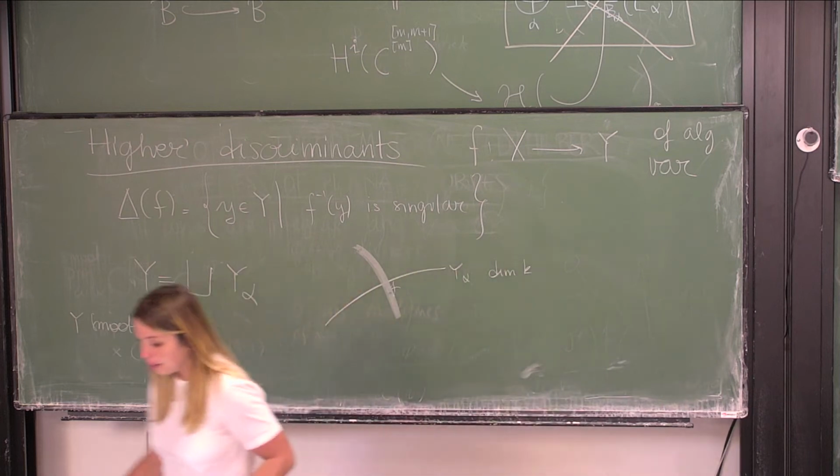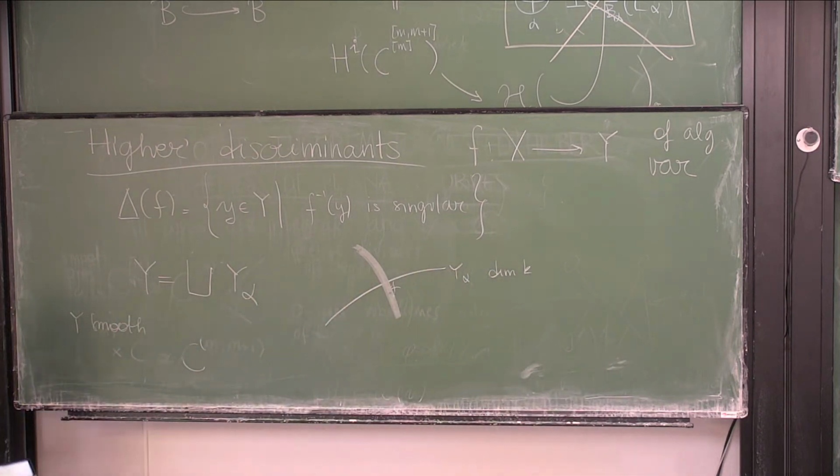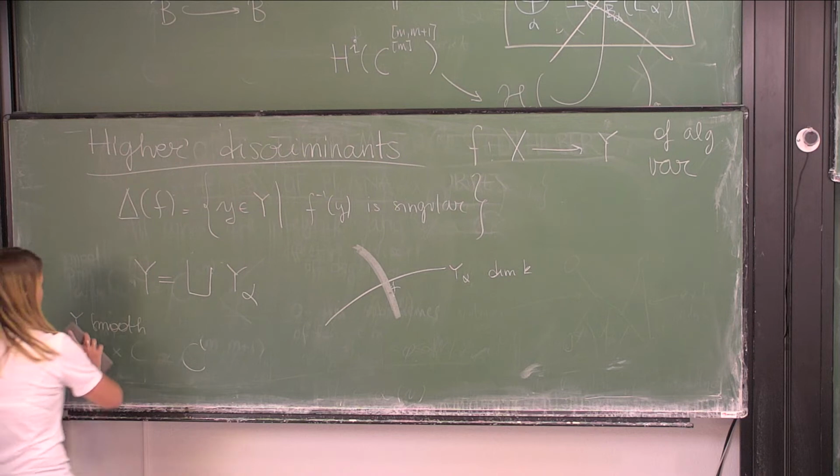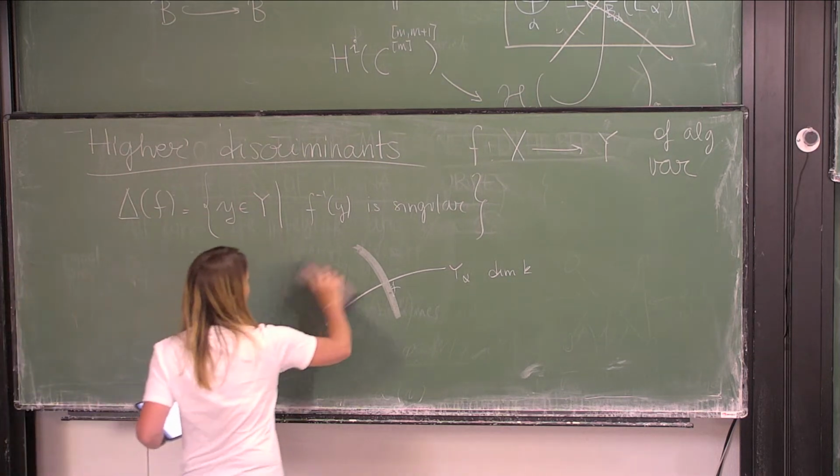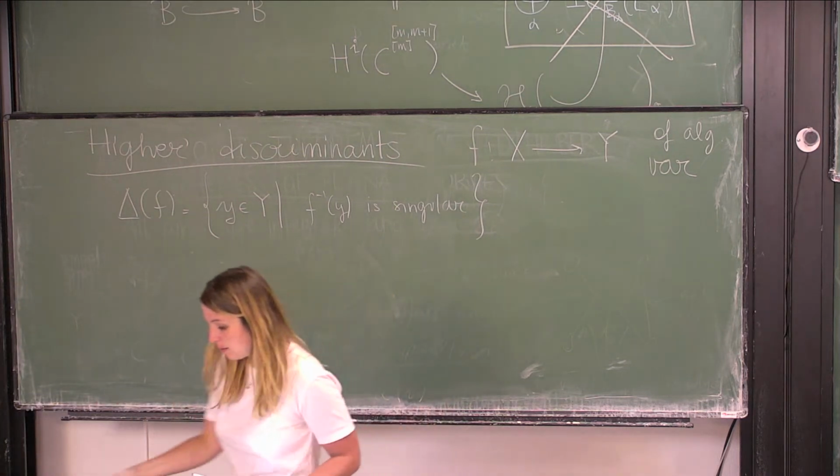So now, finally, we can give the right definition of higher discriminant, now that we know what a disk is.